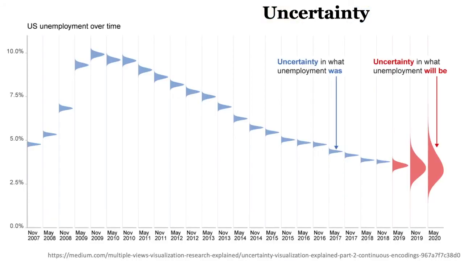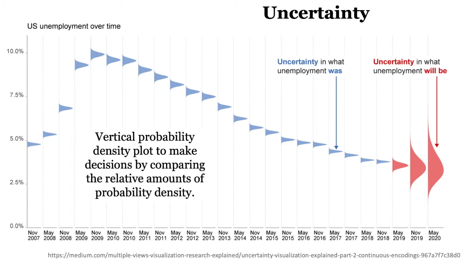This is an example of jobs forecasts. If we look back in time at the jobs numbers, unemployment numbers, then we can see that we have some uncertainty about what unemployment used to be. These are vertical probability density plots.